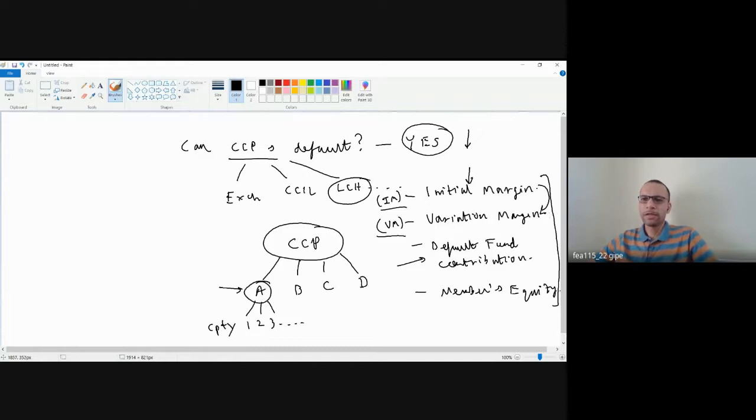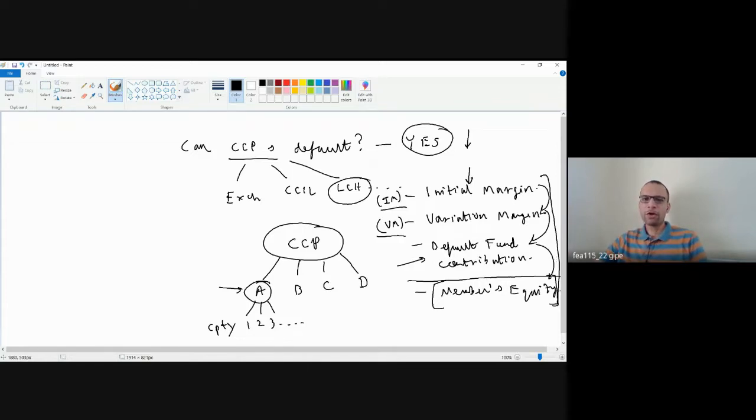Then the default fund contribution of the defaulting member will be consumed. Again, if this doesn't suffice, then maybe the member's equity can be tapped. Now, members' equity tapping happens to be the last option, because every member will try and resolve these kinds of things before it reaches this level. Because if members' equity gets consumed, then they lose everything which they have pledged to the CCP.